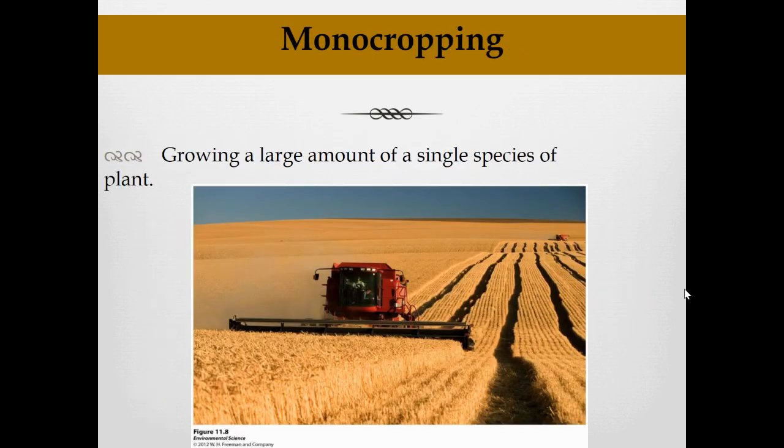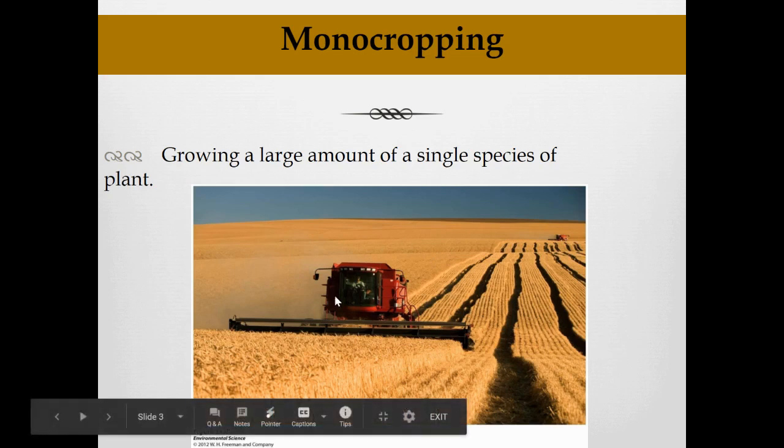So guys, here is what's called monocropping. Now, monocropping is a really popular method, especially in conventional farming. This is where you plant a single species of plant in a very large field, and you can see that in the picture here. We see the machinery being used is going to be harvesting our one type of wheat plant here.